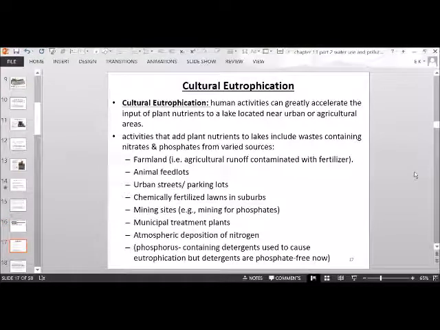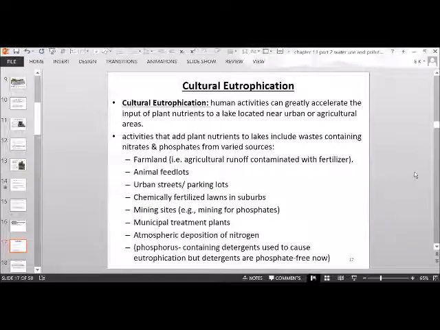Now, cultural eutrophication is when human activities greatly accelerate the input of the plant nutrients to the lake. And that's usually because the lake or whatever other body of water you're looking at is located near an urban or an agricultural area.